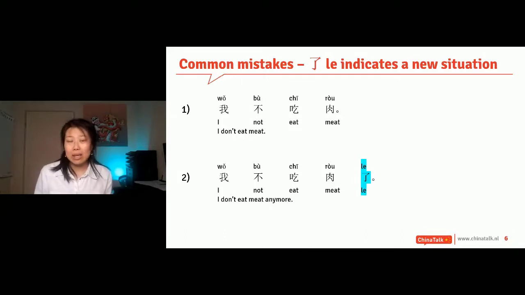And now I tell them, 我不吃肉了. It's like, guys, I ate meat before, but now I don't eat meat anymore. So this 了 indicates that this is a new situation. Before, it was different. So this means the new situation. I hope you get it. 了, a new situation.